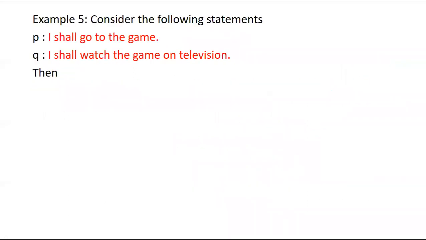Okay, consider the following statements. P: I shall go to the game. Q: I shall watch the game on television. Can you tell me what is P or Q? What will be the statement for P or Q?